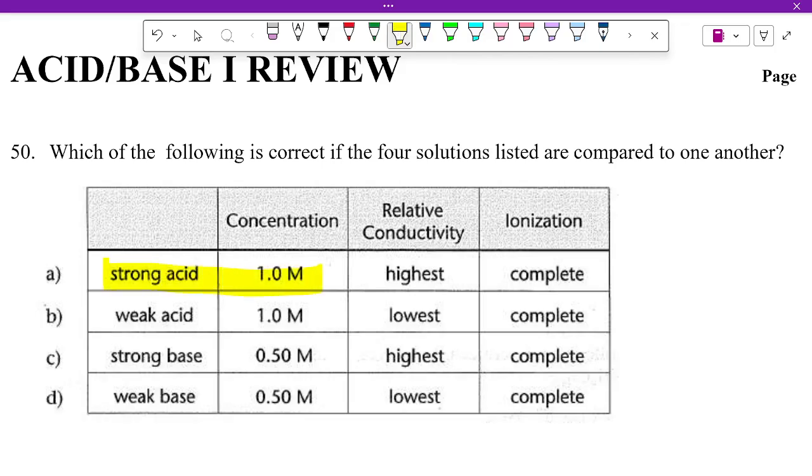So that means the ion concentration will be the greatest. Because if we had a weak acid, the ion concentration is much lower because it's not dissociated.